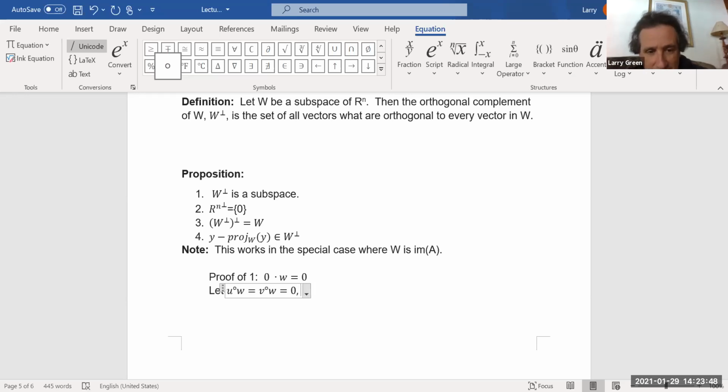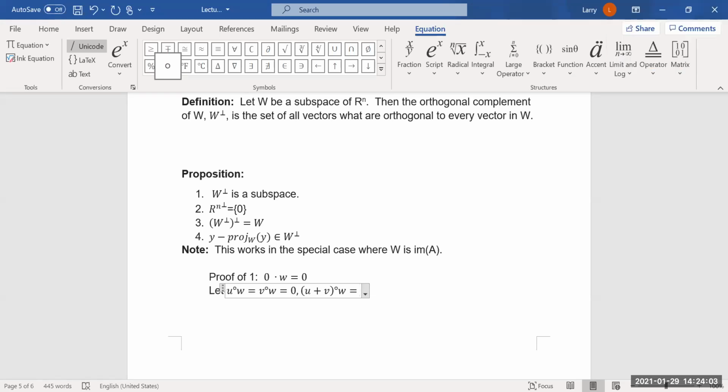Then u plus v dotted with w. Well, we can use a nice rule of dot products, which is distribute.